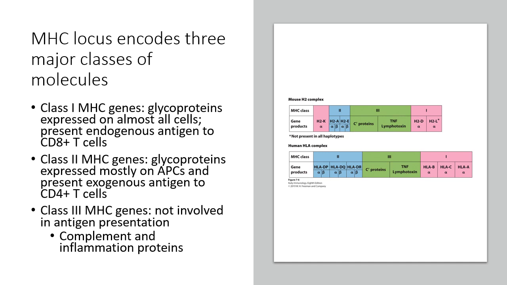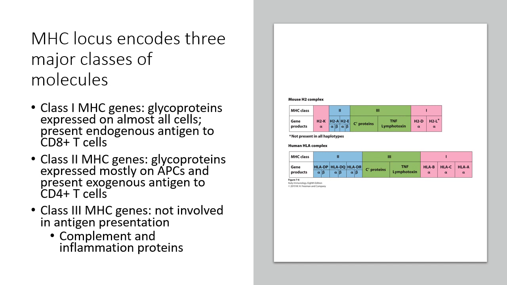The other major difference there is that CD4 and class 2 MHC are involved in detecting exogenous or external antigens. And internal and external really means with respect to the cell. Does it come from within the cell or does it come from outside the cell?